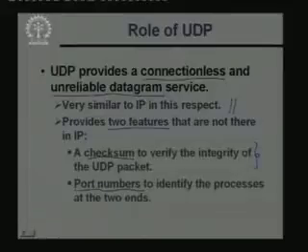These port numbers identify the processes at the two ends, because when UDP sends a packet to a destination, it is targeted towards a particular process or application running at the destination. So, the port number in the packet uniquely identifies which destination this packet must go to.